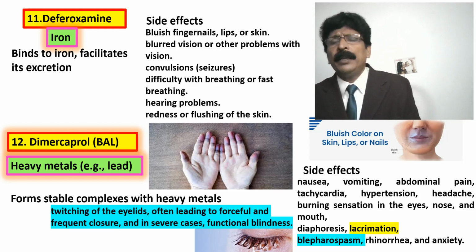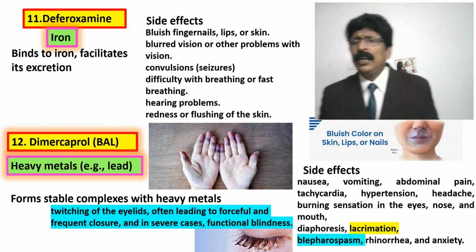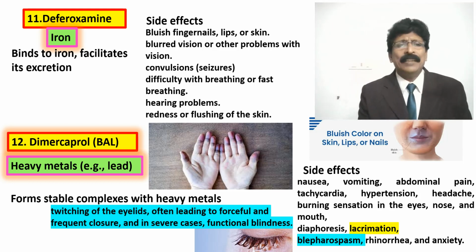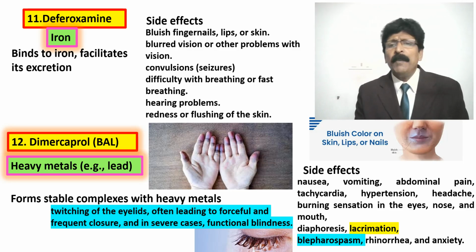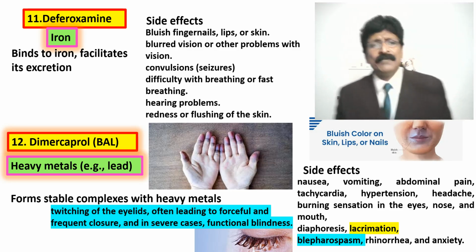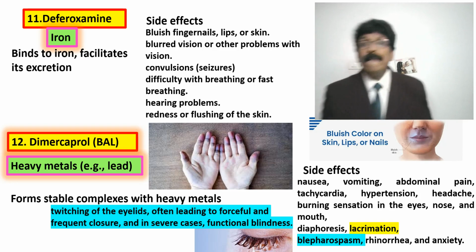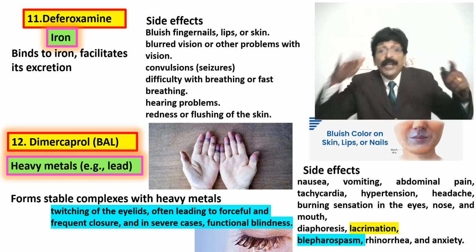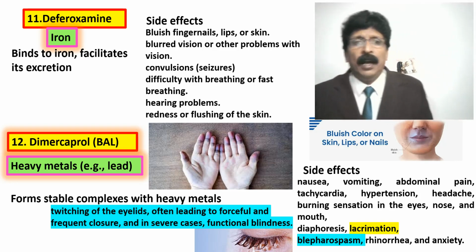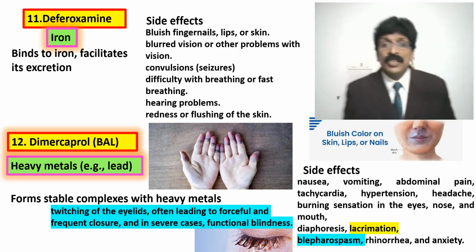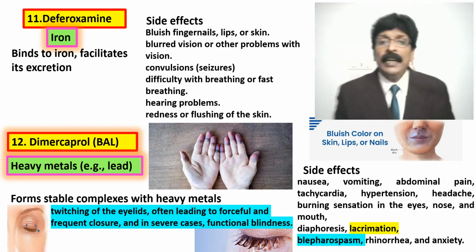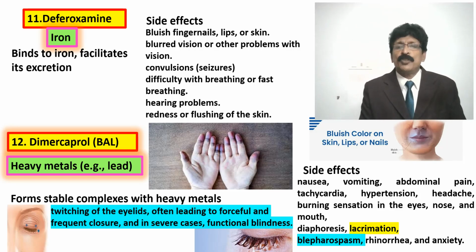Rhinorrhea, a lot of running nose, and anxiety. What do you mean by blepharospasm? Twitching of eyelids, often leading to forceful and frequent closure, and in severe cases functional blindness, as shown in the picture.